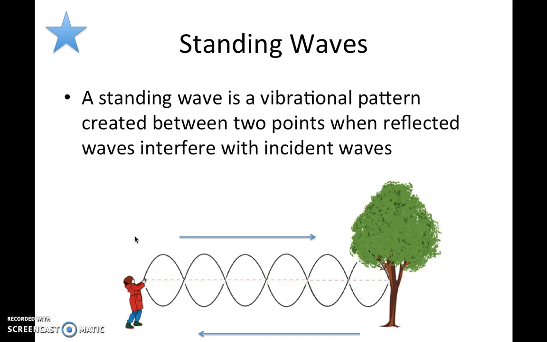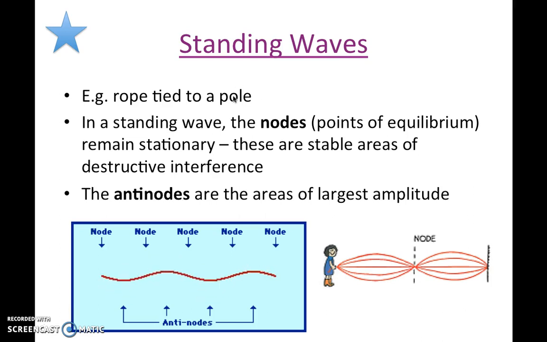So here by this little guy, as he produces the incident waves, the reflected waves interfere with those incident waves. An example of a standing wave would be a rope tied to a pole or a spring tied to a pole. Something along those lines. However, we can also use standing waves in harmonics once we get into sound.